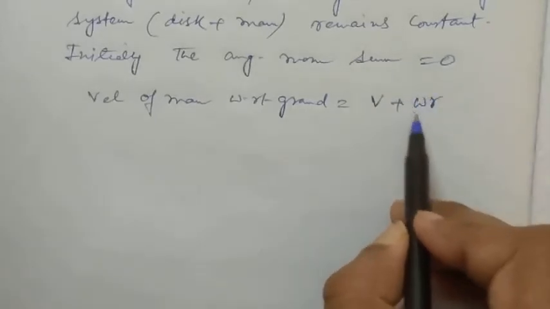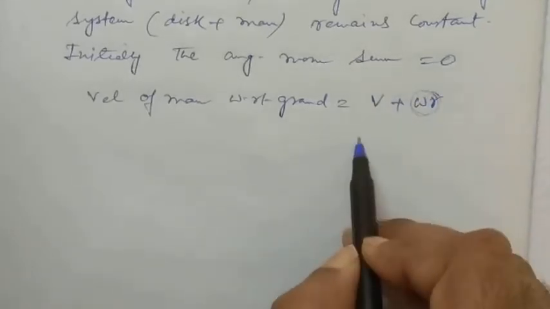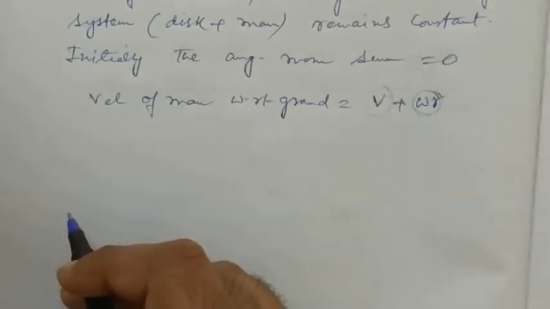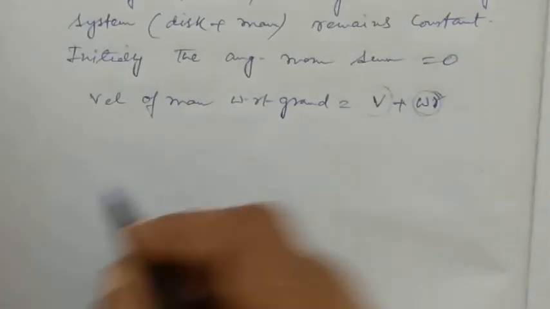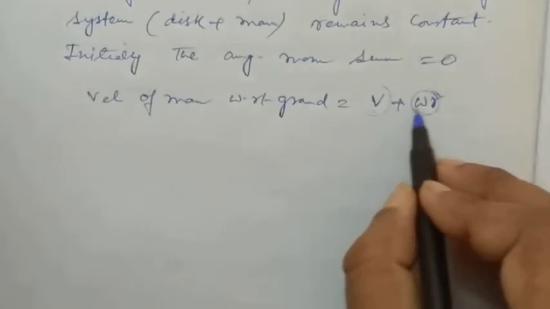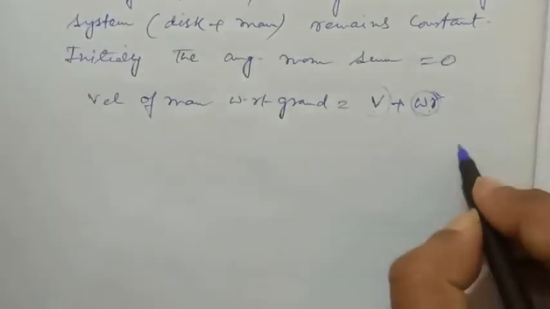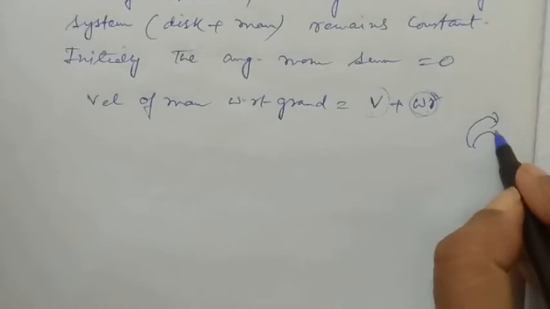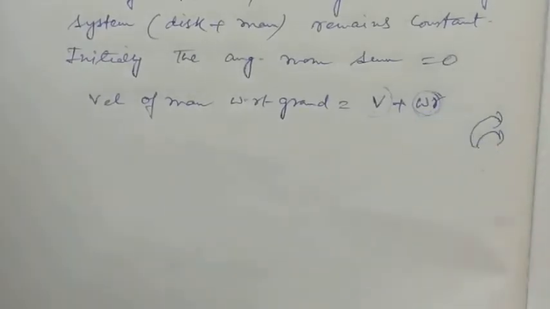Now this is the rotational velocity of the man, and this is the velocity with which he is walking with a radius of smaller r. Now these two velocities get added to each other because the man is moving in this direction, and the disc is also moving in this direction. So both the velocities get added, v plus omega r.